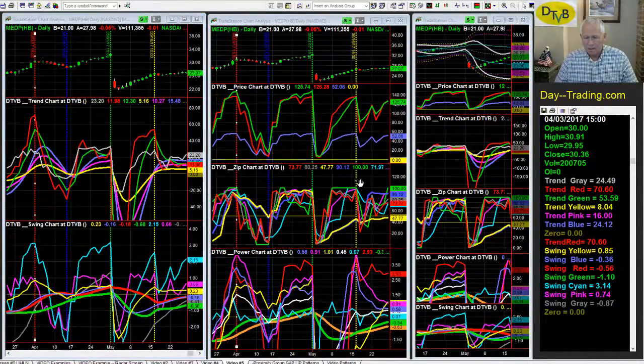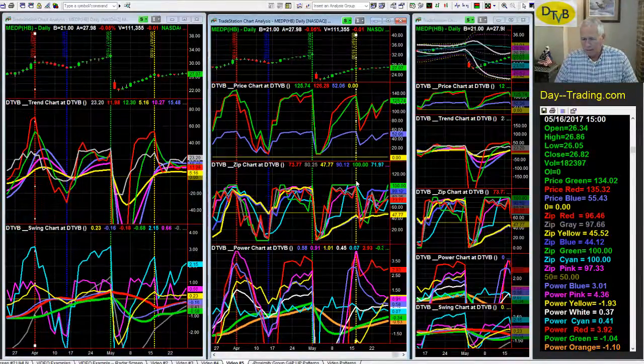ZIP Zion and green are at 100, pink is at 97.3, and gray is at 97.6, and red is at 96.4. So, in other words, the order is the green and Zion, and then the gray at 97.6, and then the pink at 97.3.